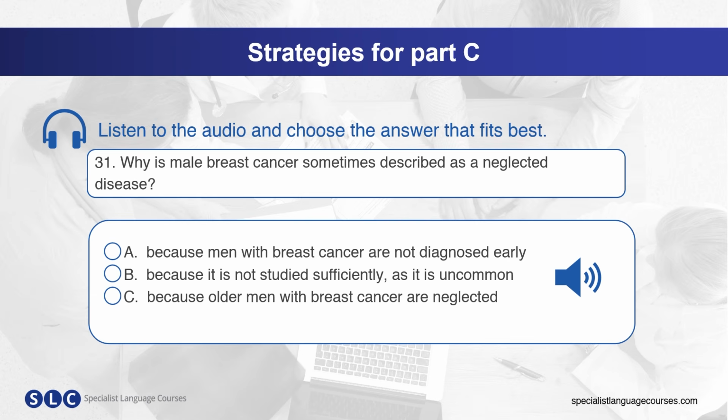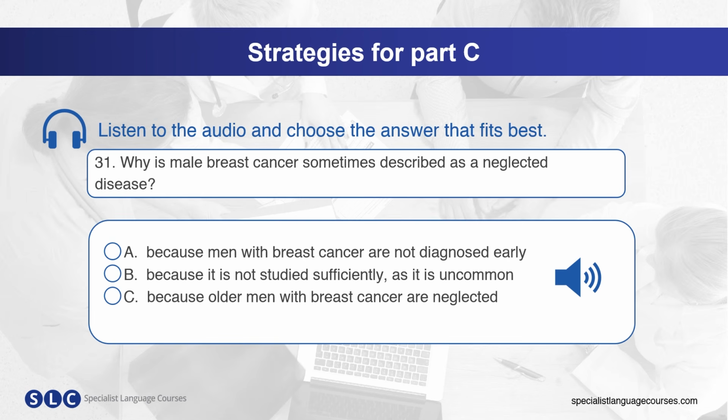For example, the estimated risk of a man being diagnosed with breast cancer before the age of 85 is around 1 in 715, while the risk of a woman being diagnosed with breast cancer before the age of 85 is around 1 in 8. Each year, tens of thousands of new breast cancer cases are diagnosed, of which about 140 cases are of male breast cancer. Much of the information we have about male breast cancer comes from our understanding of female breast cancer, although it is clear that men react differently from women to a diagnosis of breast cancer.